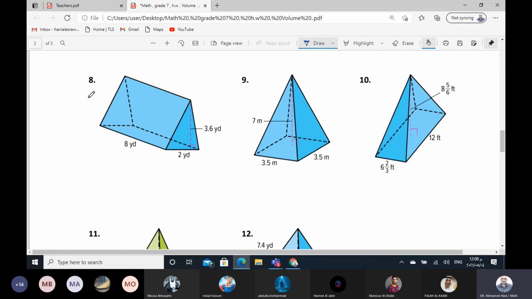So number 8, how to find the volume? Use the formula area of the base multiplied by the height of the prism. The area of the base will be a rectangle, so length times width, 8 times 2 will be 16, times the height as you see here, 3.6.